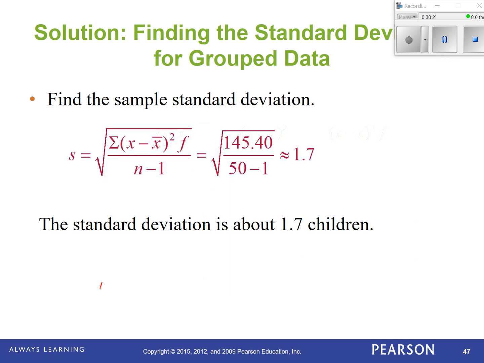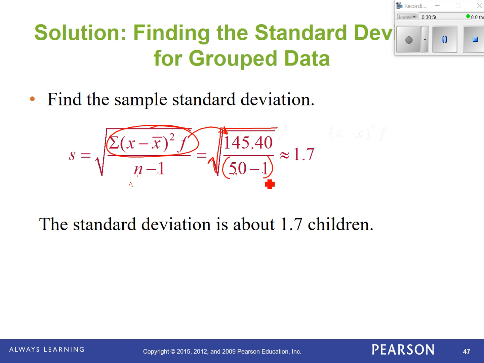We use our formula. It says find the sample standard deviation. This is our formula. We just figured out that all this on top right here was that by doing our box on bottom, we got n minus 1. Well, n is 50, so we do 50 minus 1. If you're going to plug this into your calculator, then make sure you put parentheses around that 50 minus 1.